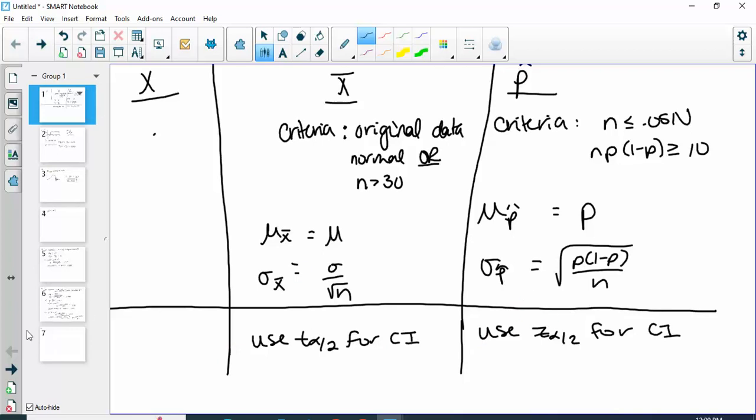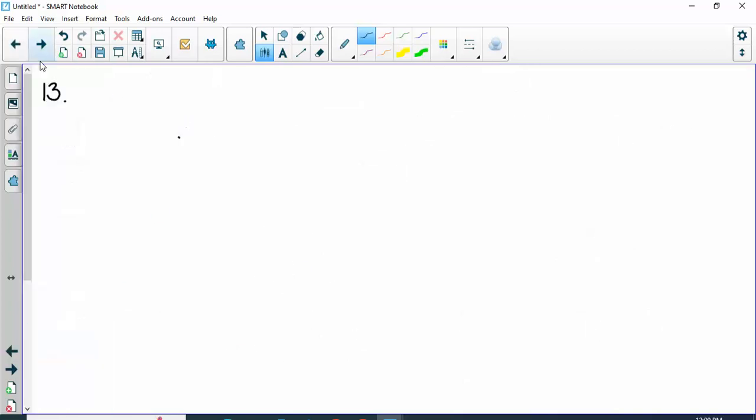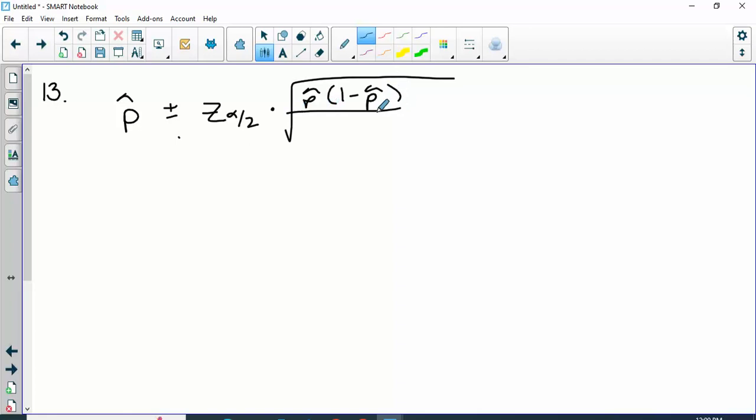So we are using the z alpha over 2. And of course we have that formula right there in front of us that tells us it's p-hat plus or minus z alpha over 2 times the square root of p-hat times (1 minus p-hat) over n.